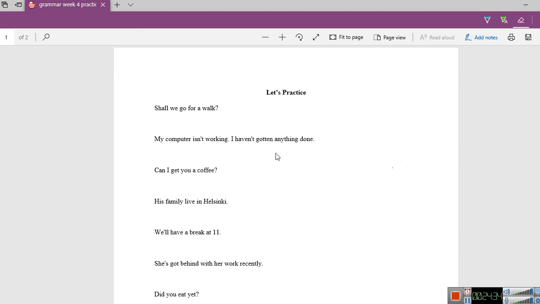So let's look at this first sentence right here. Shall we go for a walk? Is this British or American? British. Very good. My computer isn't working.